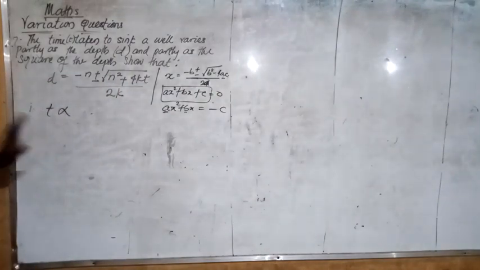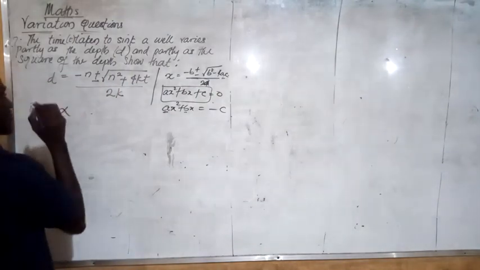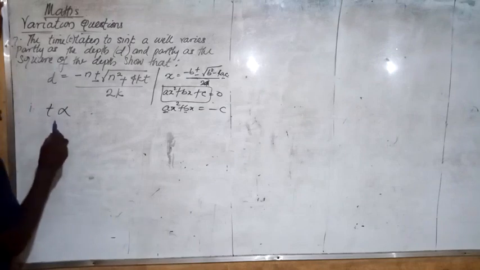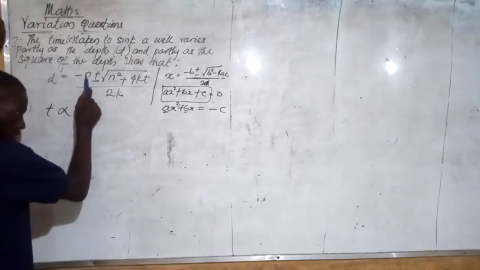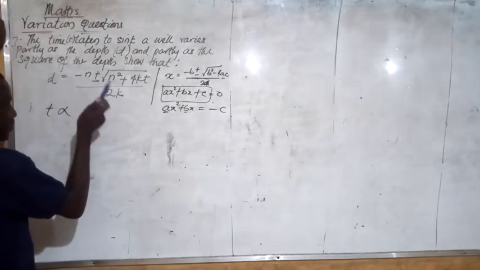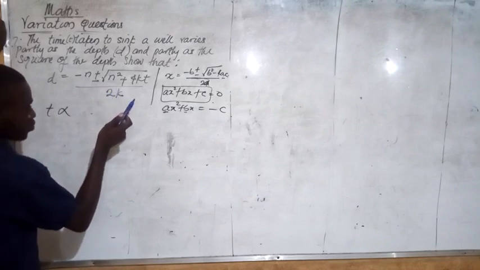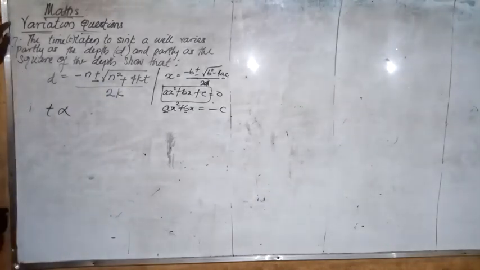So from here, we already know what to do. Our first constant is going to be n, and our second constant is going to be k, of course. So n and k are the both constants that were used in the question.